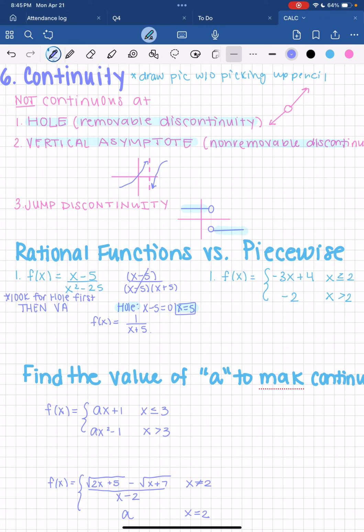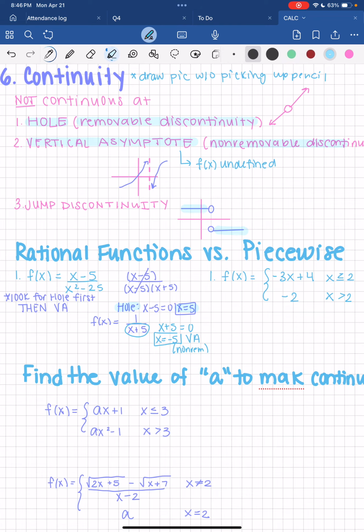Then you're going to look to see when there's a vertical asymptote. A vertical asymptote is where the function is undefined. Well, fractions are undefined when the denominator equals 0. So if you set the denominator equal to 0, at x equals -5, we're going to have a vertical asymptote, also known as a non-removable discontinuity.